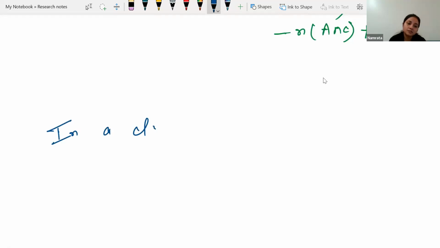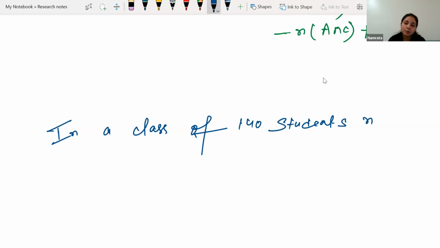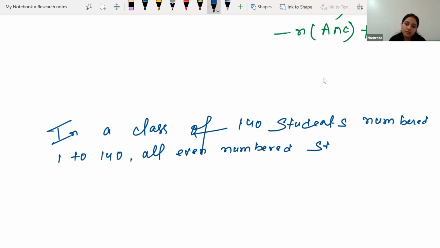In a class of 140 students numbered 1 to 140, all even numbered students opted for mathematics course.